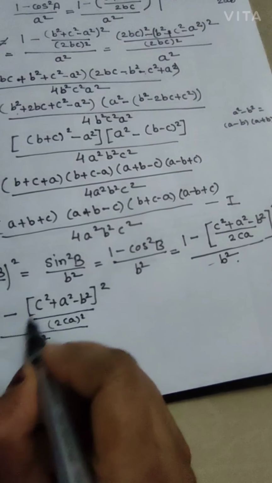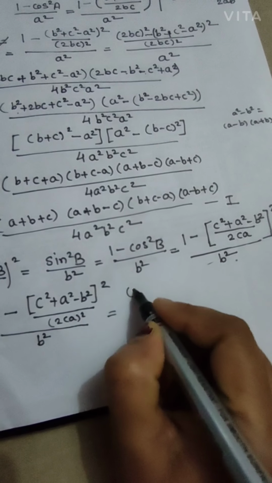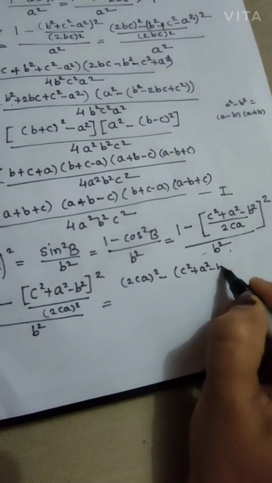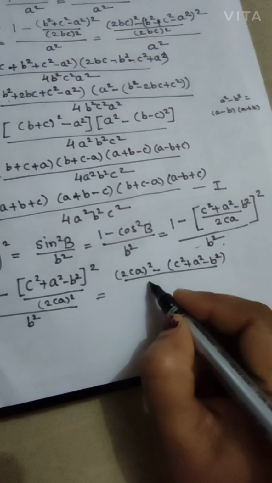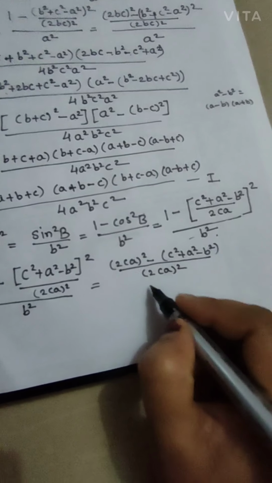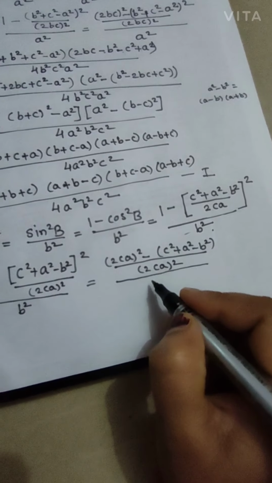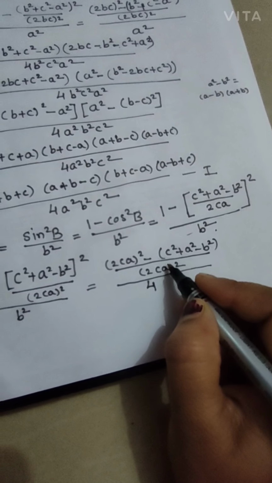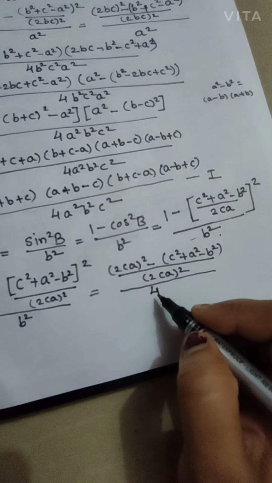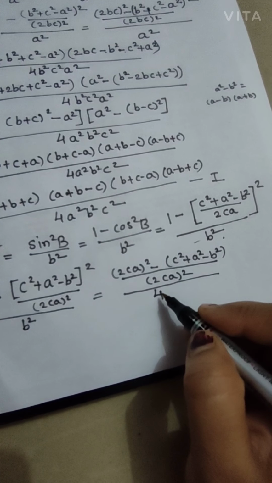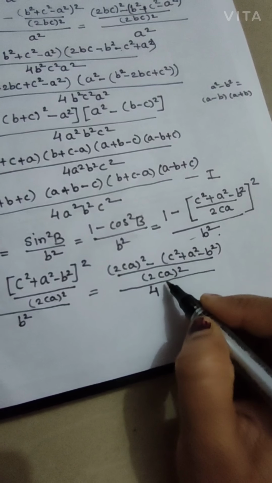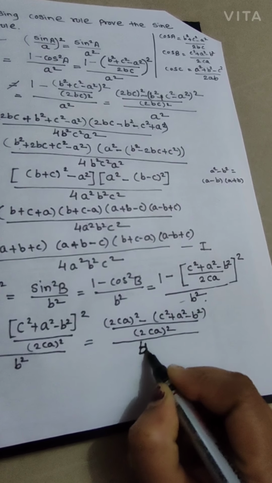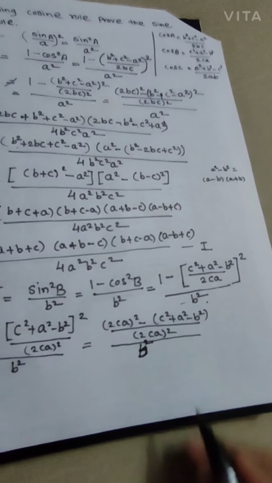Now after cross multiplication, we will get (2ca) whole square minus (c square plus a square minus b square) whole square upon (2ca) whole square, over 4 b square.